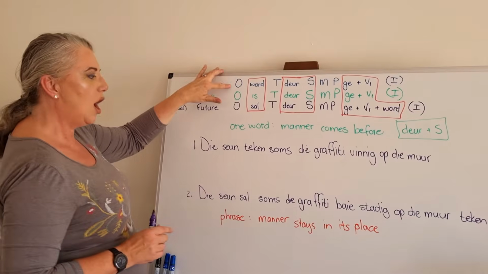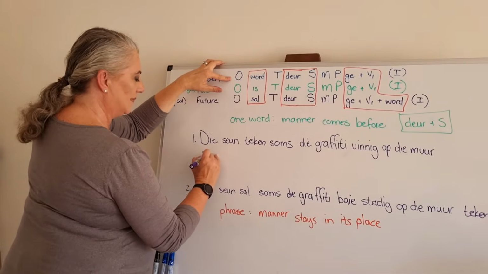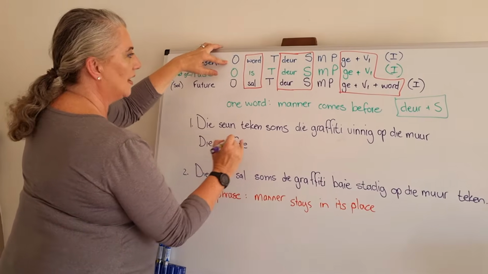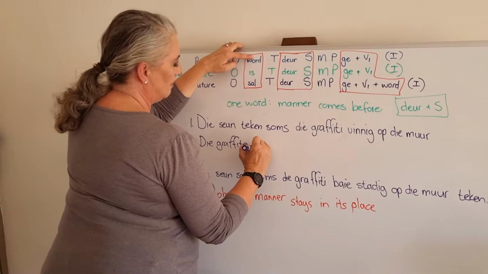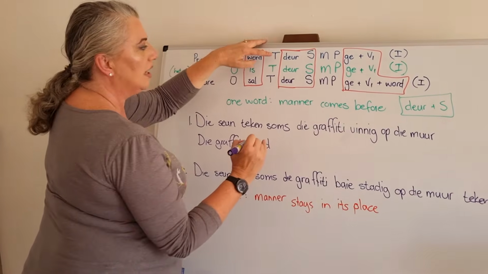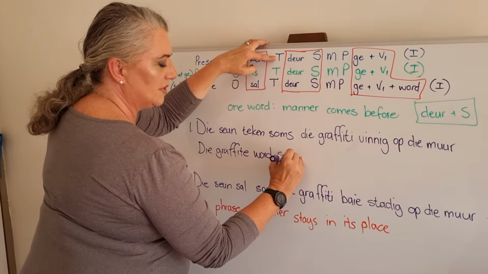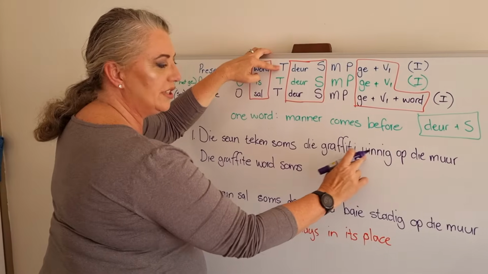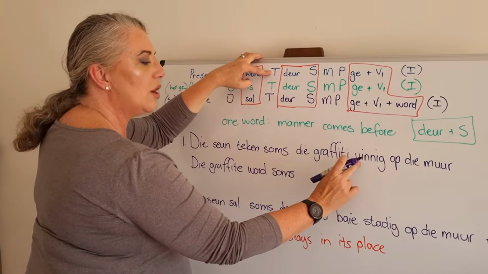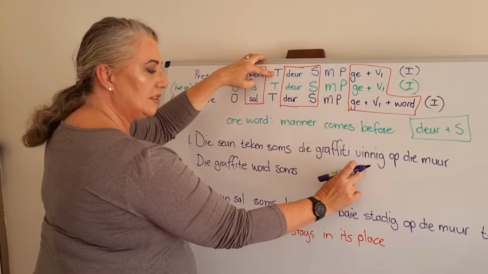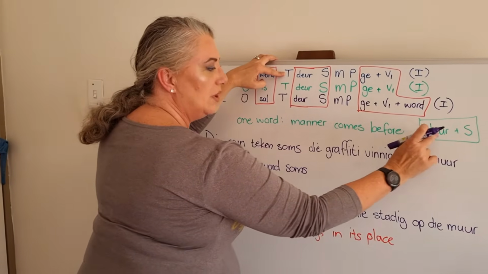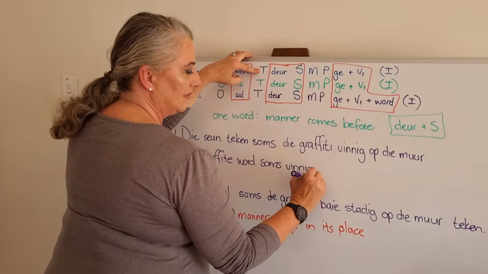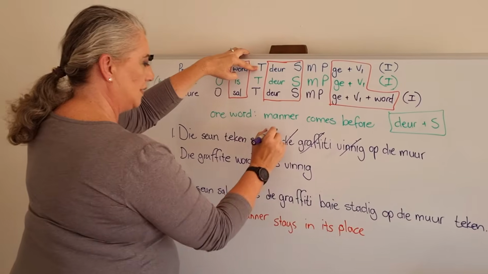Let's start. Object, die graffiti. Word stays the same. Time, soms, sometimes. Now, can you see vinnig? There's only one word here, the manner, how it is done. So that manner comes before deur and subject. Vinnig. Let's get rid of the words.